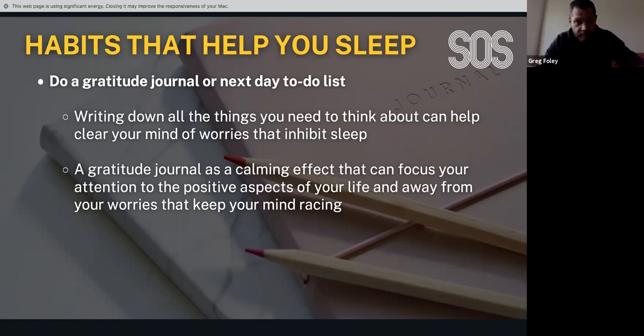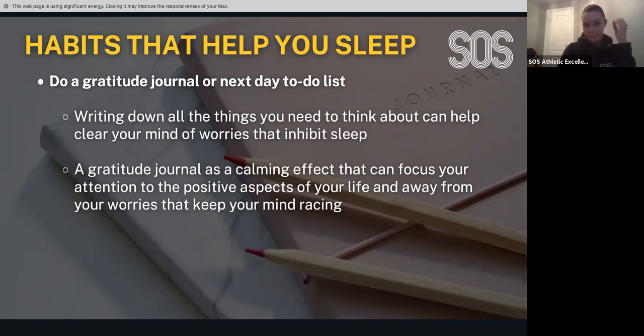Oh yeah, and the next one, again, we've touched on this before. Some form of journaling, some gratitude journaling, or writing down a to-do list before you go to bed, can be beneficial. I think you call this brain dumping, didn't you, Greg? Yeah, it's basically getting everything you're thinking about out of your mind and onto paper.